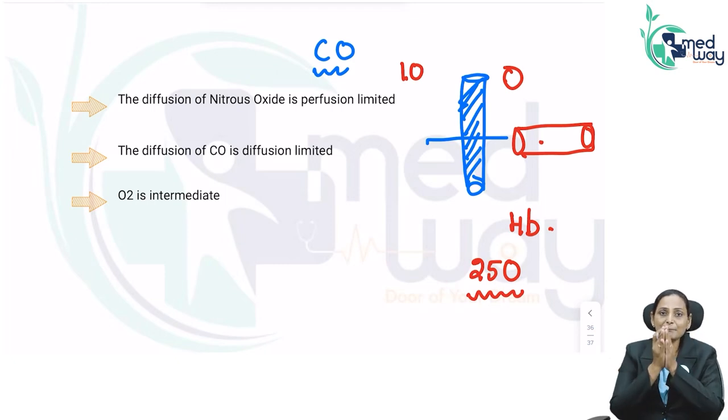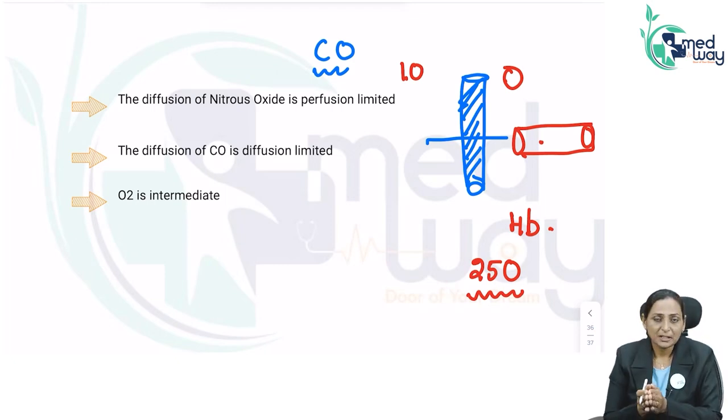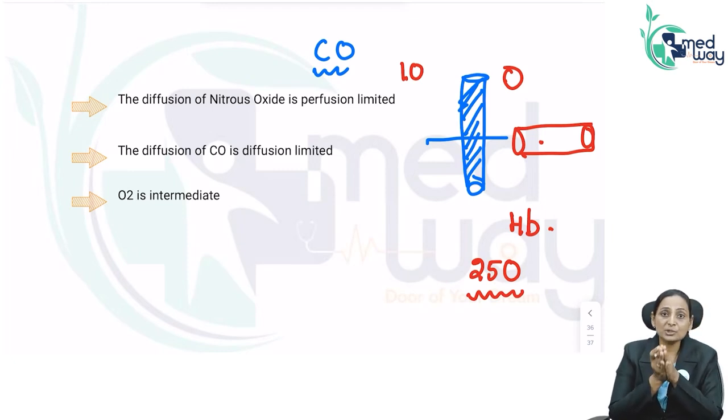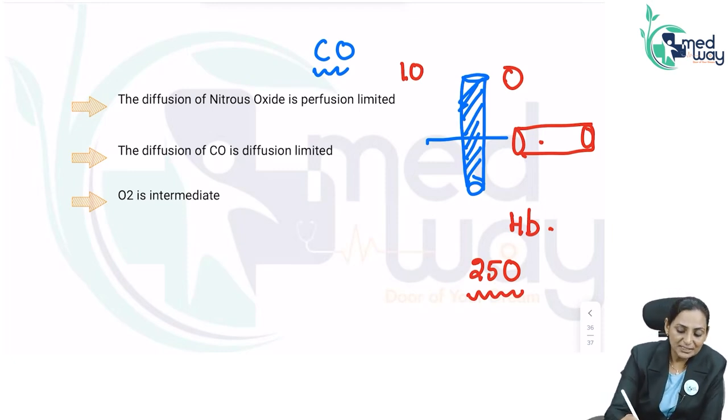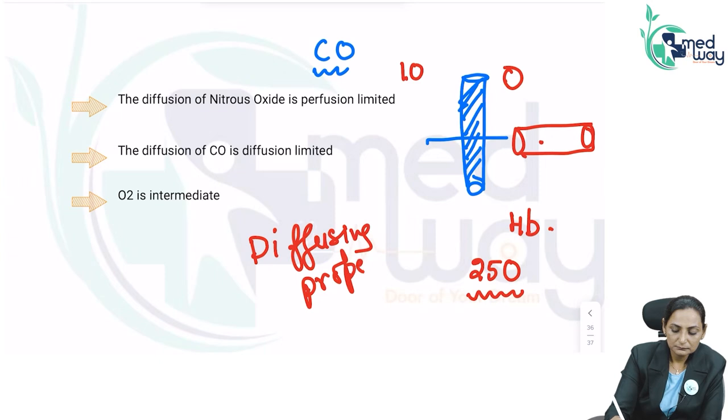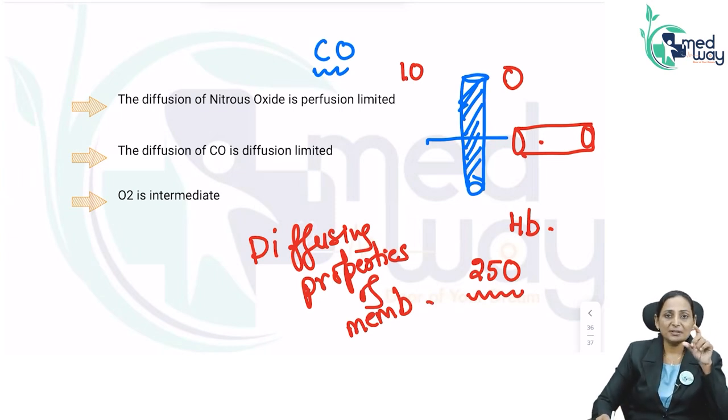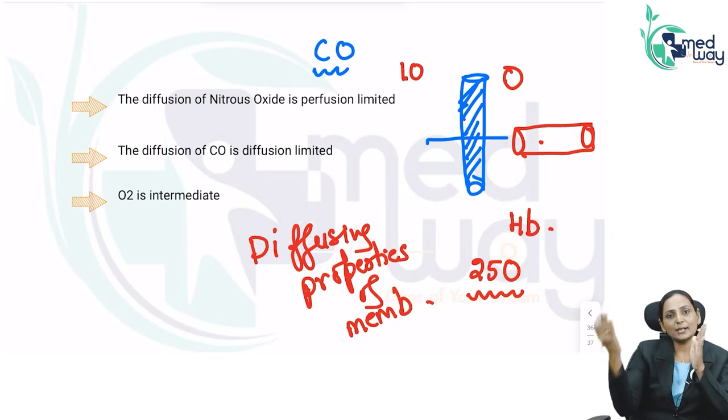So the only barrier to diffusion will be the diffusing properties of the membrane. That means only if there is some problem in the diffusing property of the membrane can carbon monoxide not cross.